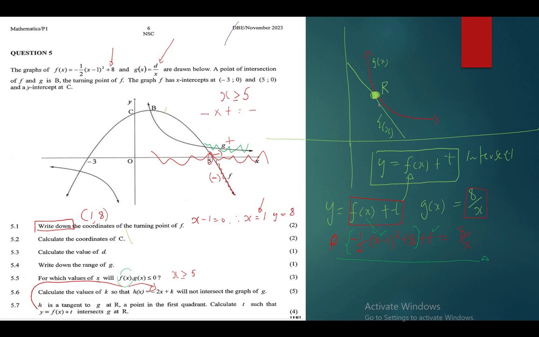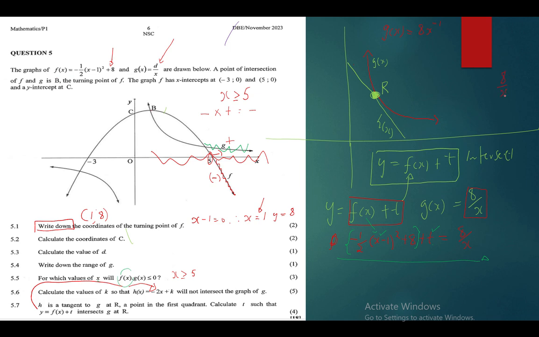So I'm going to derive g. Remember, g of x was 8 over x, which is the same as 8x to the exponent negative 1. In order for us to derive, we need to bring the x from the denominator on top. You cannot derive if x is underneath.